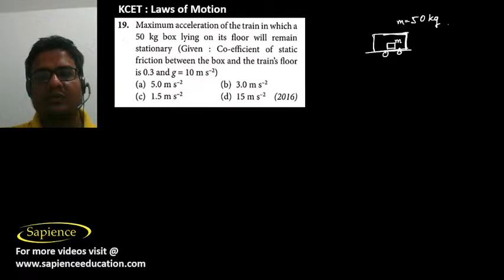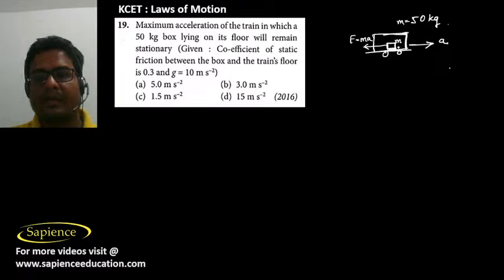When the train is moving towards the right, the pseudo force acts towards the left, which is equal to ma. If the train is moving forwards with an acceleration a, then the pseudo force will act towards the left on the box which is lying on the floor of the train.